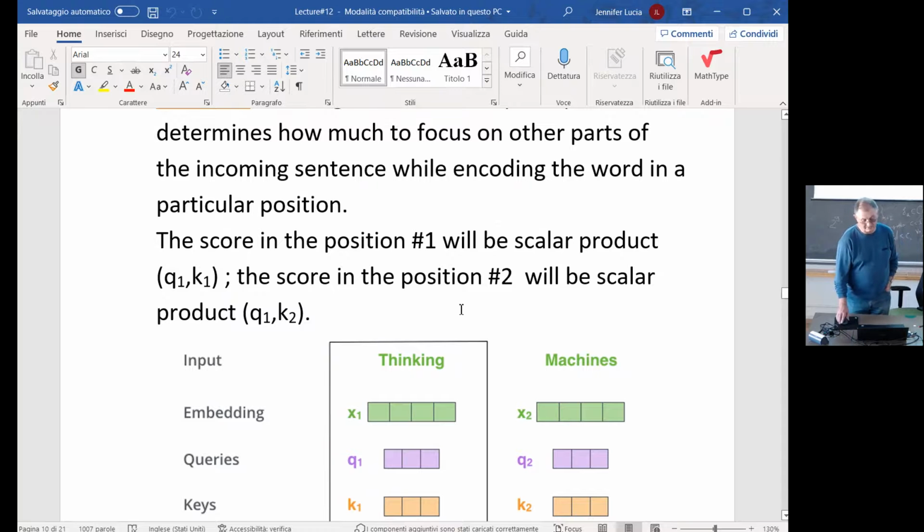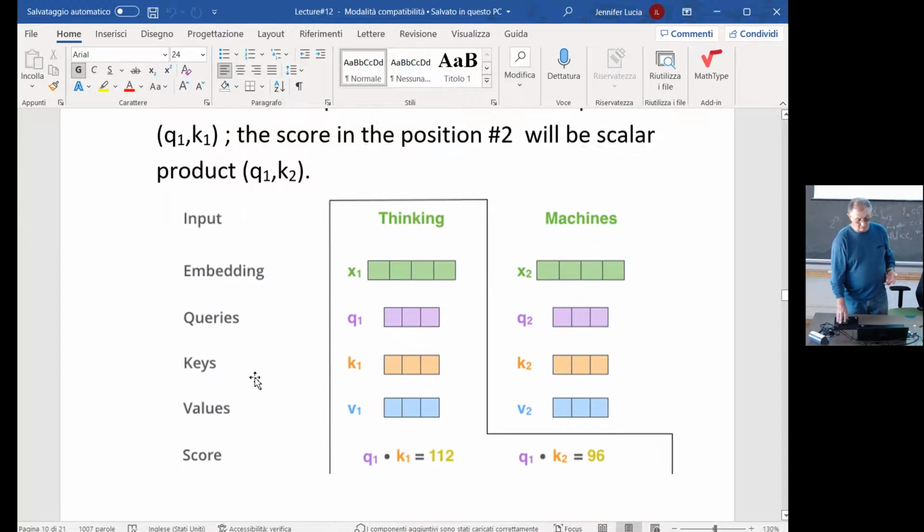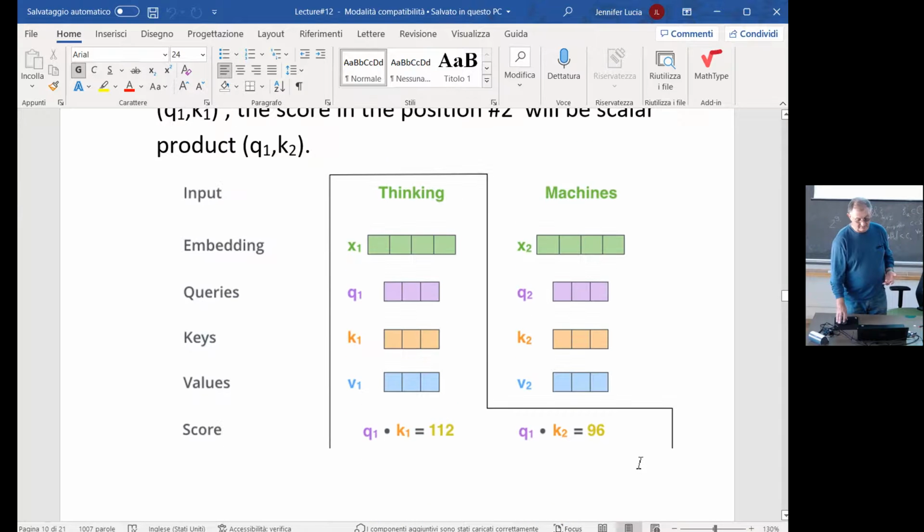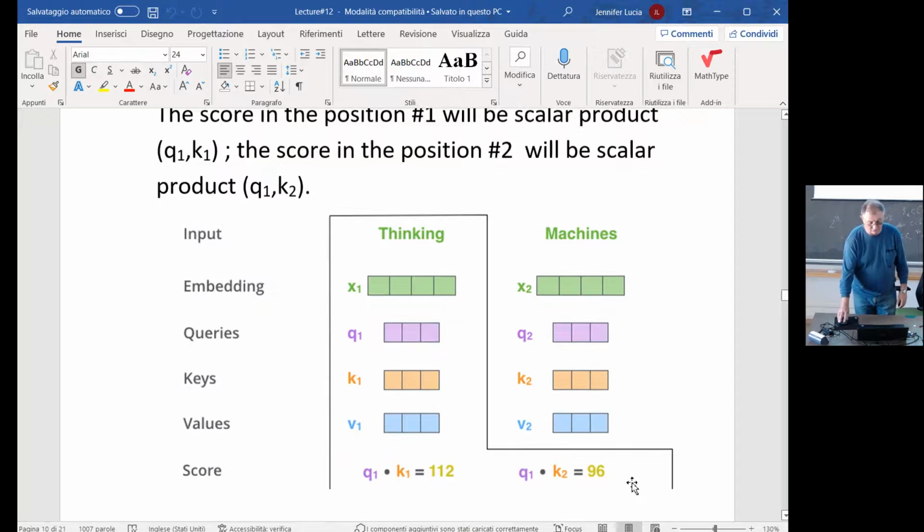The score in position 1 will be the scalar product Q1, K1. The score in position 2 will be the scalar product Q1, K2. So now we can resume it: input, thinking machines, the score.